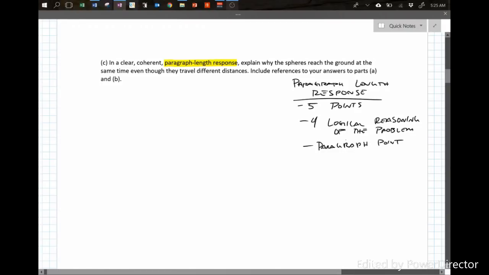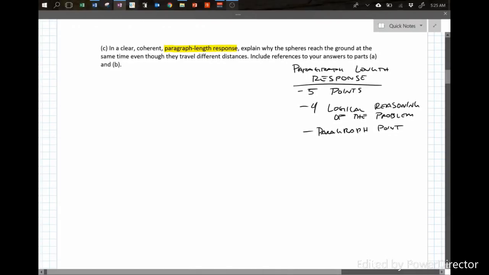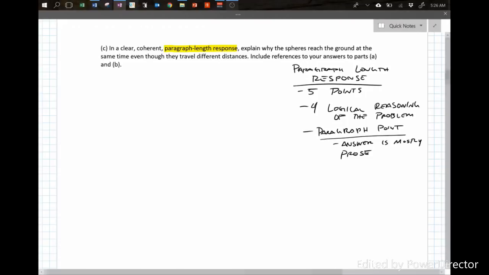Now, paragraph point is not super specific. What that really means is the answer is mostly prose in nature. You can use diagrams, you can use equations, but those need to largely supplement the words that you're using.